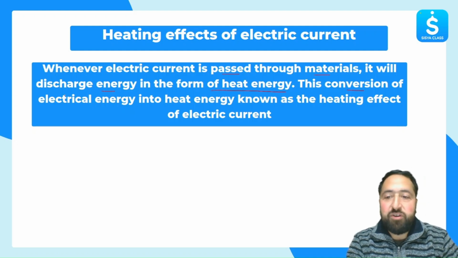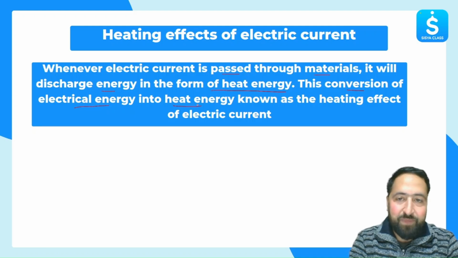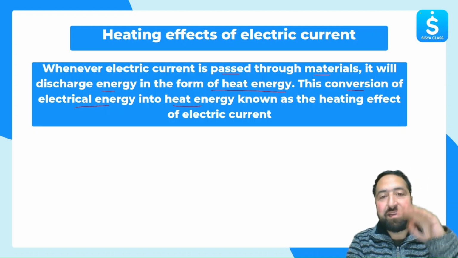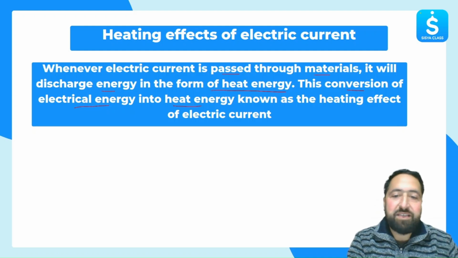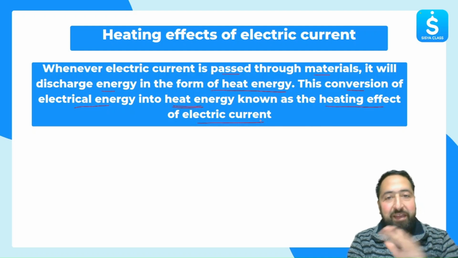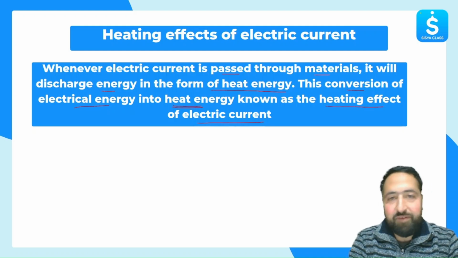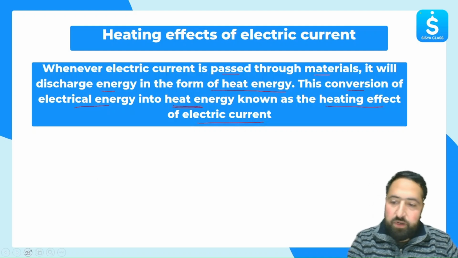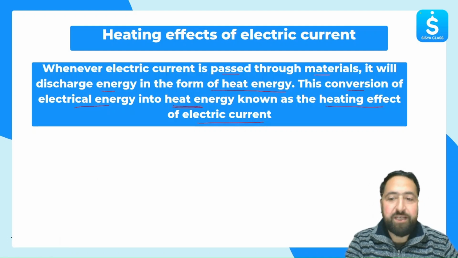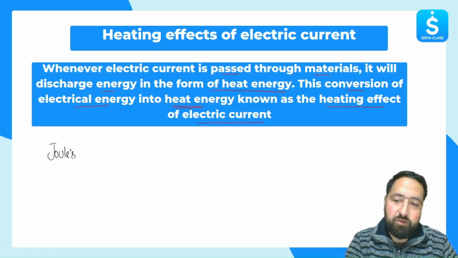This conversion of electrical energy into heat energy, because the electric current is flowing and that electrical energy is converted into heat energy, is known as the heating effect of electric current. Got it? Very good. There is one more term used here, which is Joule's law of heating.